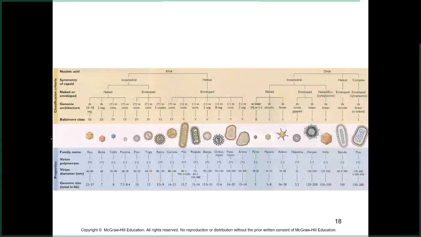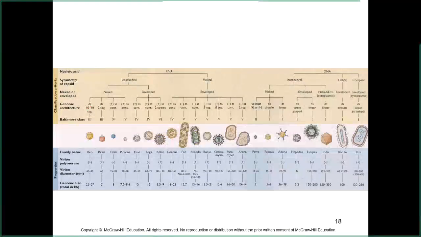And down here you can see little pictures of them that show some of them being naked, and then you see the others that are enveloped. And, lots of variation among them. And it tells what type of capsid they have, if it's helical, if it's icosahedral.